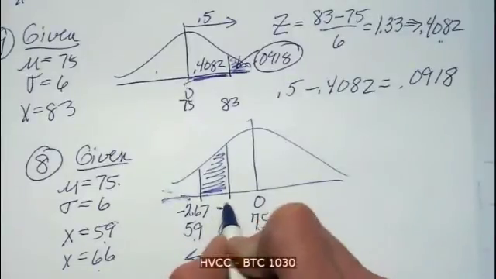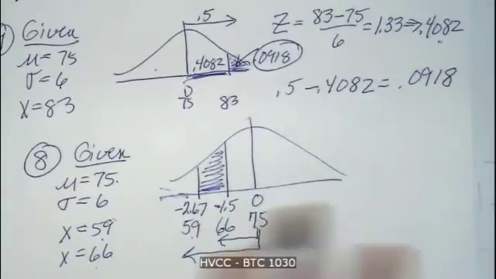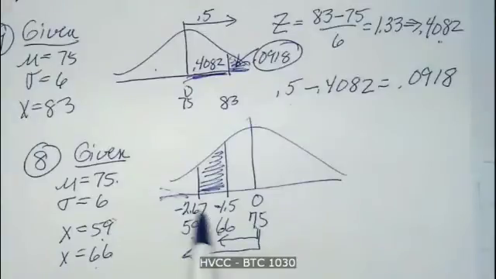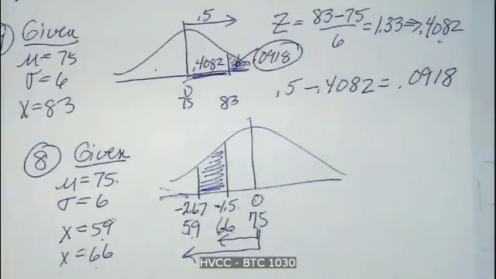And I'm going to stick these z's right here. Okay, by the way, before I look them up in the table, this means 59 is 2.67 standard deviations away from the mean. It means 66 is 1.5 standard deviations away from the mean in the negative direction. These are negative because we're on the left side of the curve.